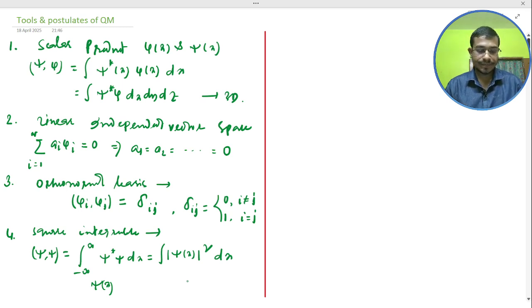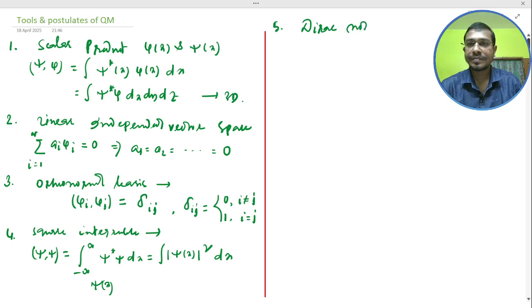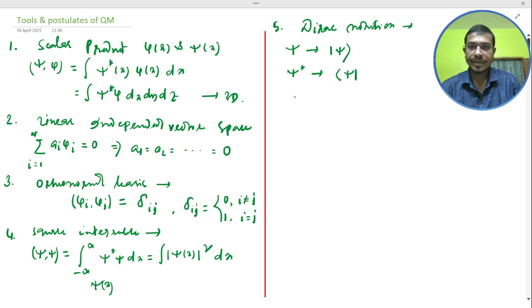Next one, the Dirac notation, number 5. In Dirac notation, psi can be written as ket psi, and psi star, the complex conjugate, is the bra psi.